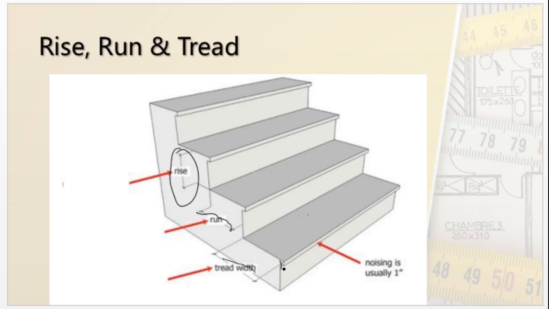Tread will include this extended portion we sometimes see, and the run is only the exclusive portion from this, where we have to land. Including this extended portion we call it the tread, and the rise is the elevation covered by each step.